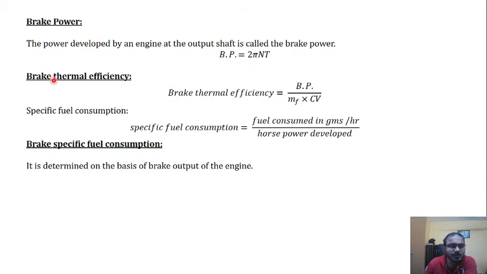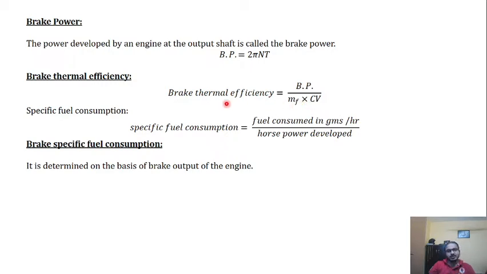Next is brake thermal efficiency. As we all know, efficiency is nothing but output divided by input. In such case, as we are defining the efficiency in terms of brake power, the output will be taken as brake power, and in the denominator we have the energy which is given by the fuel.